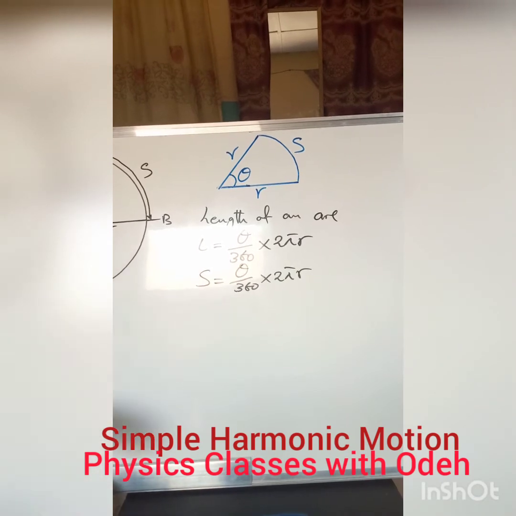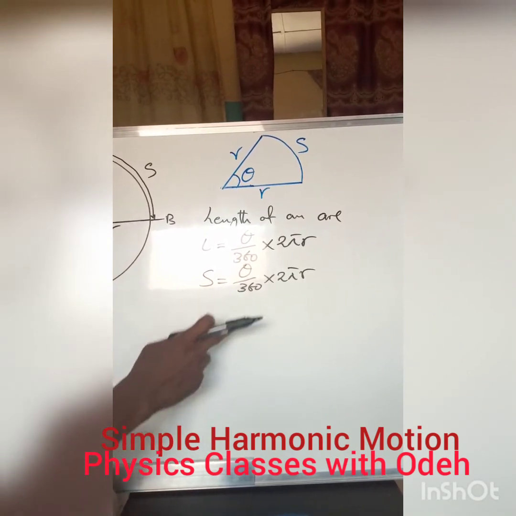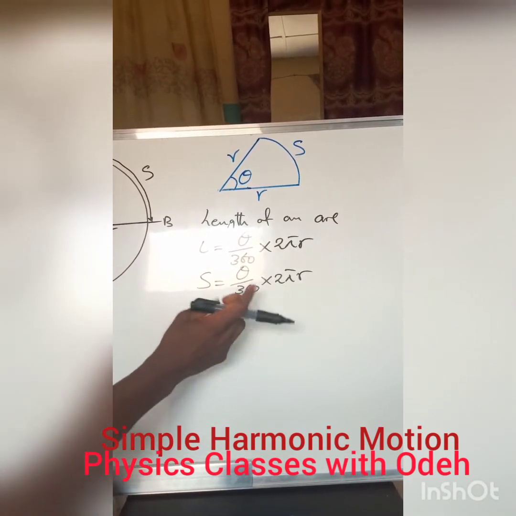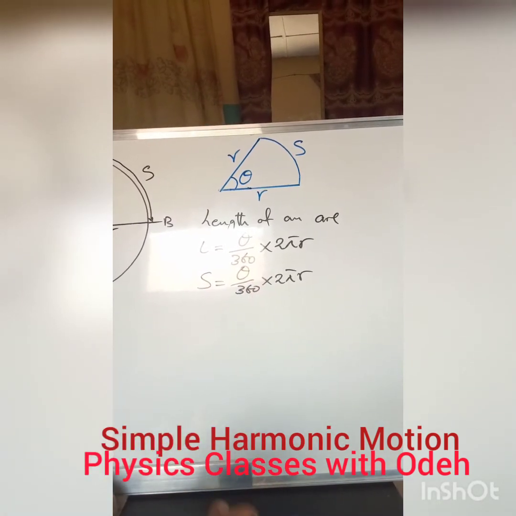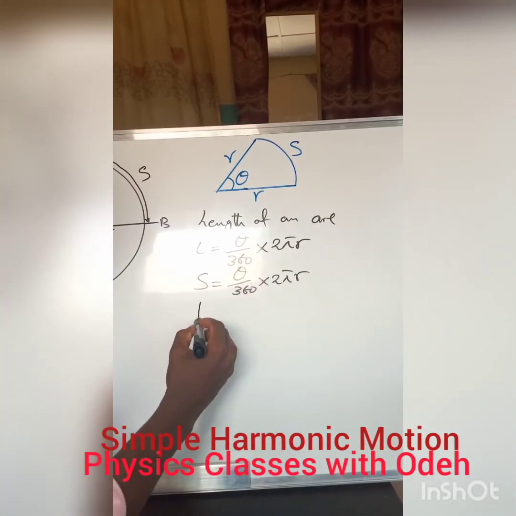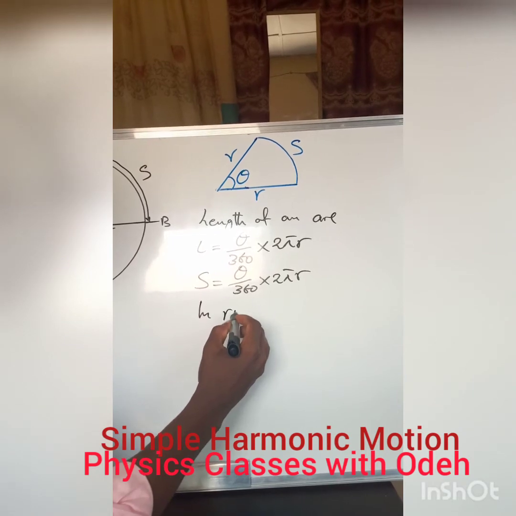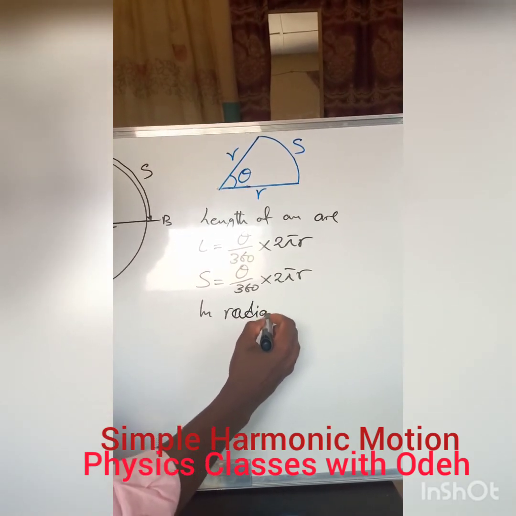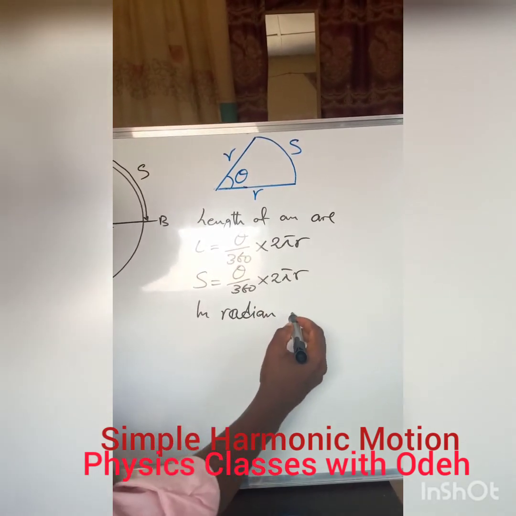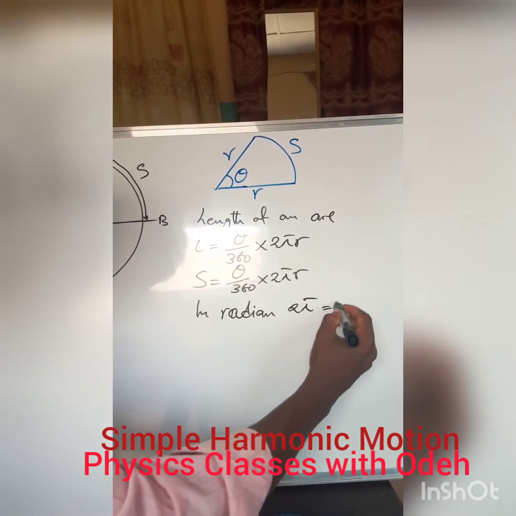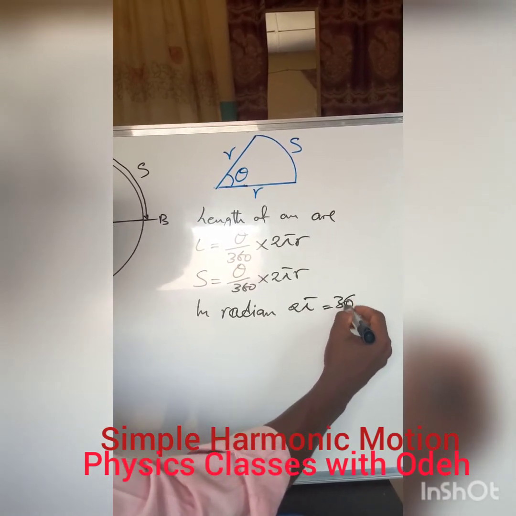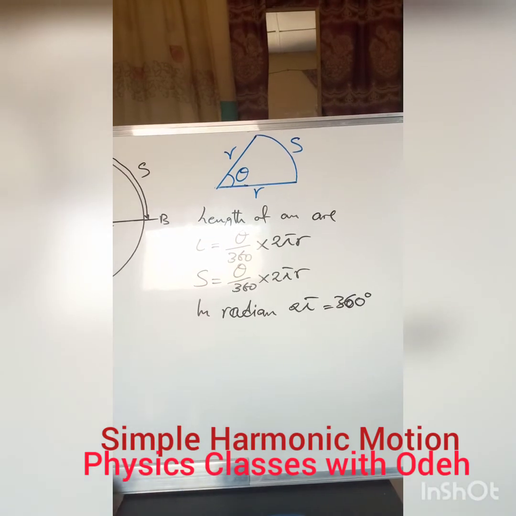Now, if you proceed, in radians, this is in degrees. 360 is a representation in degrees, but in radians, 2 pi is equal to 360 degrees.